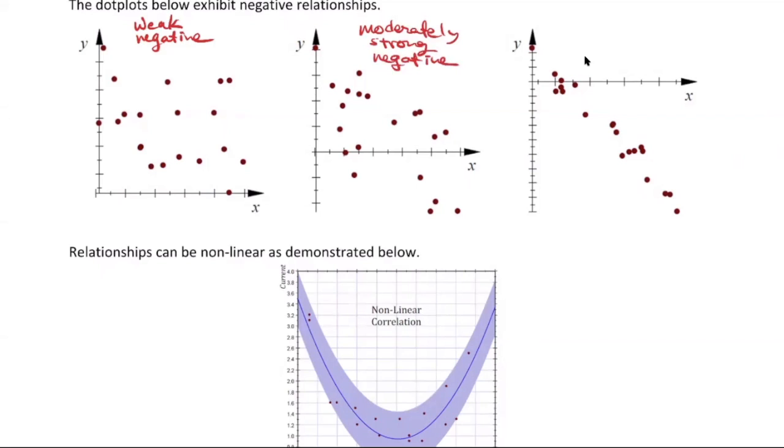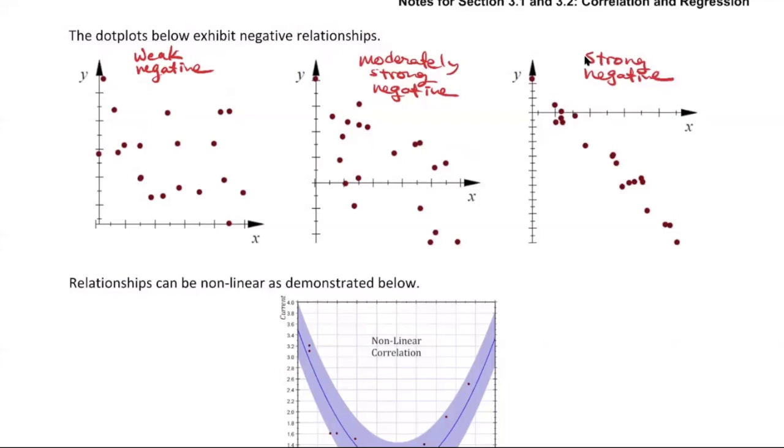Okay, and then the next one's pretty darn strong. So this one's a strong negative relationship. Any questions? Does that make sense?